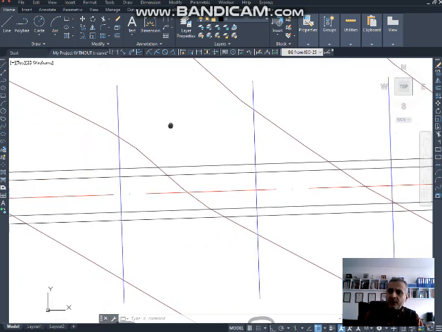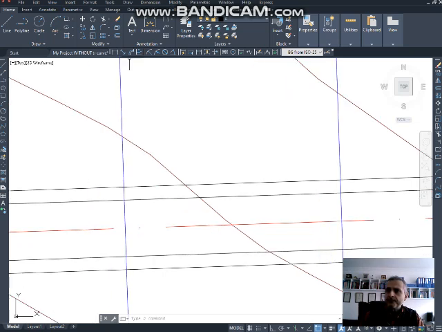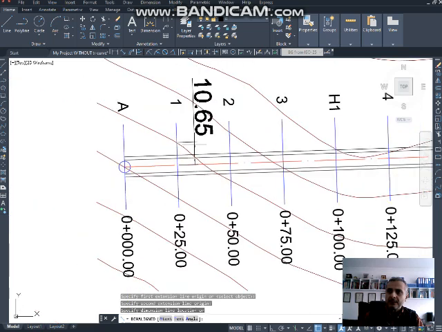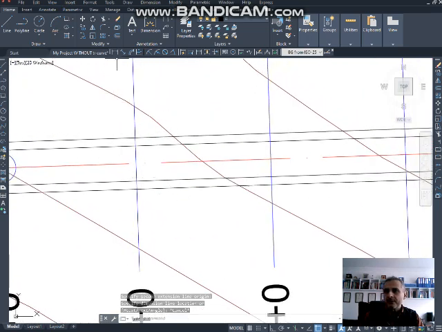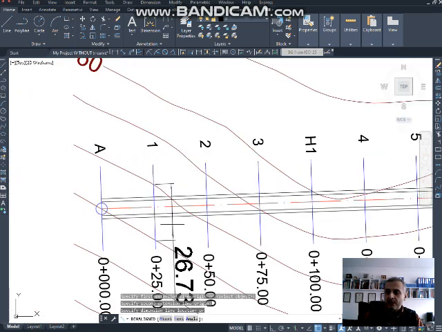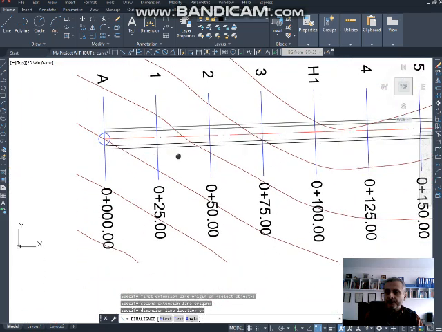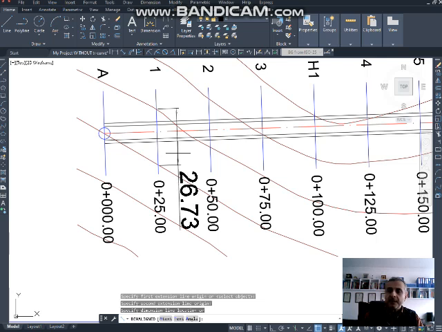You need to measure the distance from the center line of that cross section to the next contour line in one direction and read it, in my case, 10.65. Also measure the total distance from one contour line to the next contour line, and that is 26.73 meters.